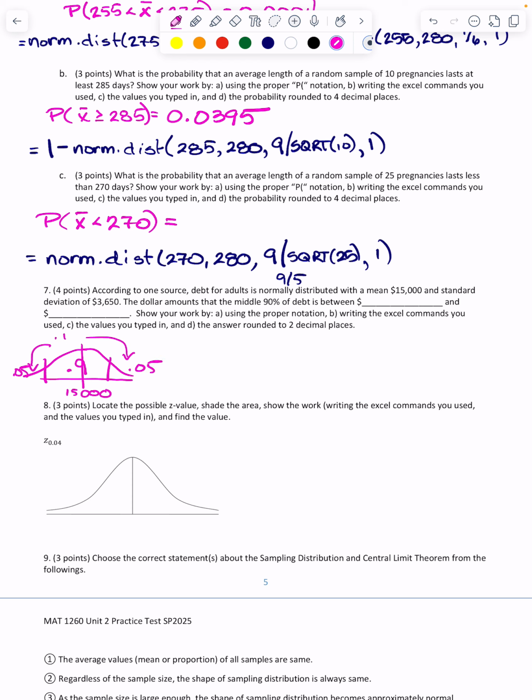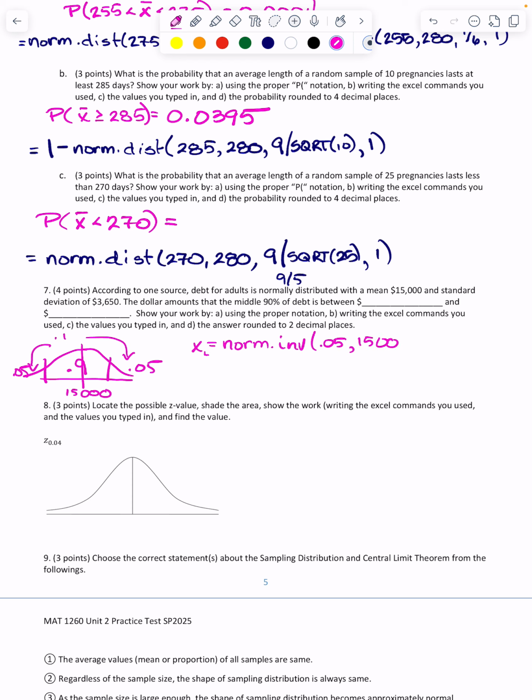I have the probabilities, I want the actual values. So x, that first one, my lower bound, I'm going to call it x sub L, x lower. I have a probability, I am trying to find the value. So we're going to go norm.inverse. 0.05 is that probability.